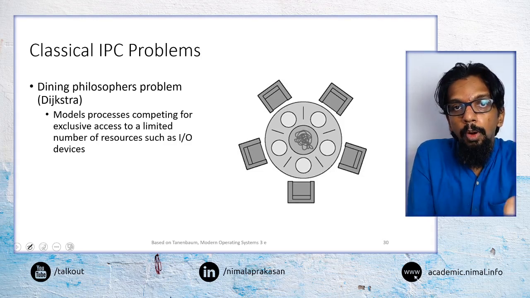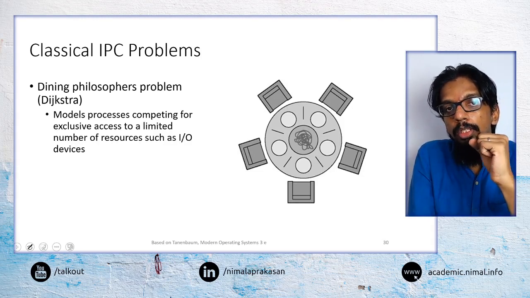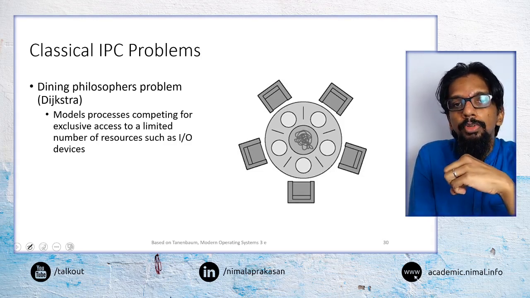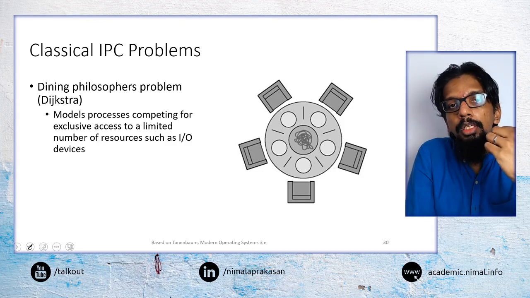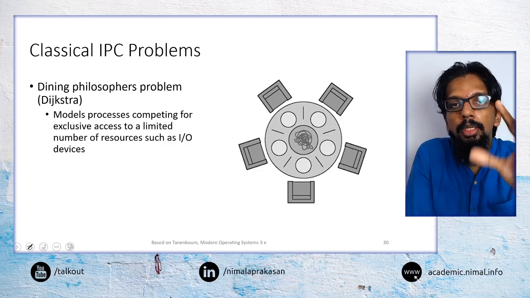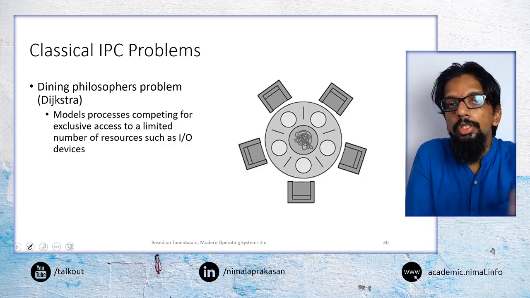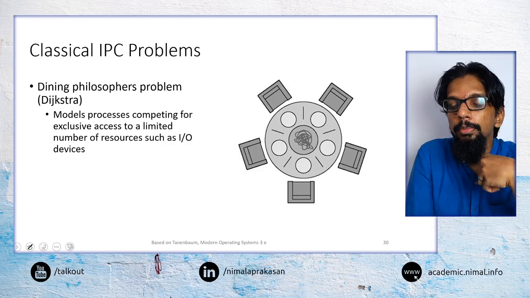Then another problem that we may come across is what is called the dining philosophers problem, or shared resource problem. Here we have a limited number of resources that need to be shared among all the different processes.